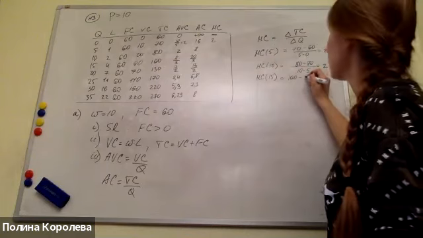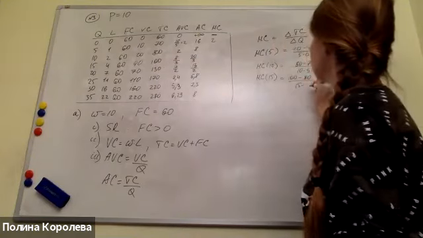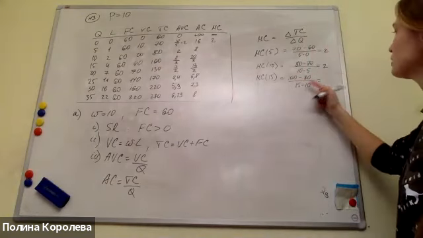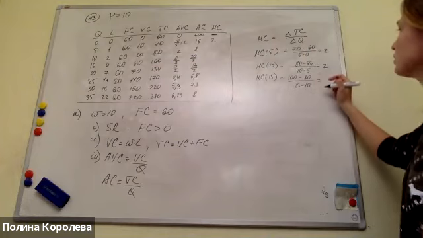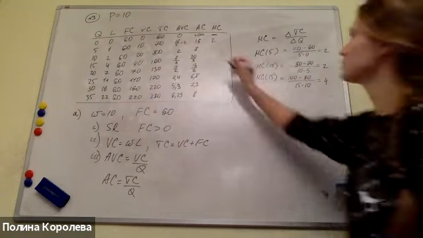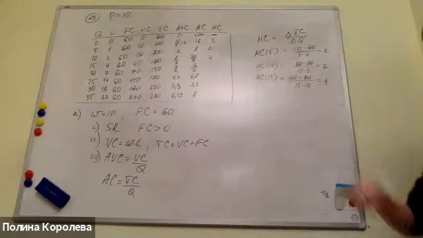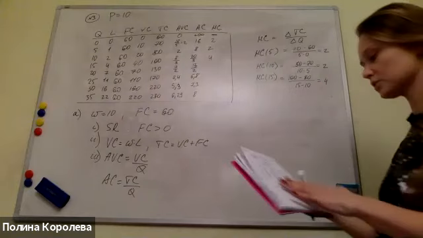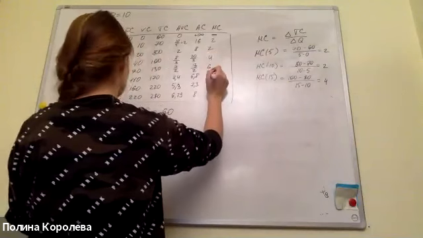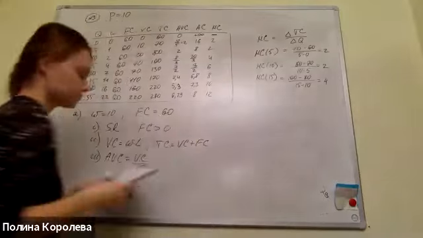Before we had 80. And the change is 15 minus 10. Change in quantity 5. And this will be 20 over 5 is 4. Yes. So here 2, here 4. And you do it with this method, filling all this column. 4, here it will be 6, here will be 8, here will be 10, here will be 12.